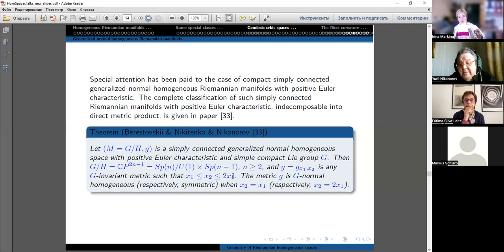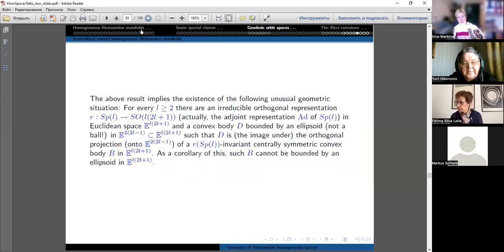In any case, we have a complete classification in the case of positive Euler characteristic, all done in this case, and some corollaries. I'll skip them because they are very strange corollaries from a geometric point of view.